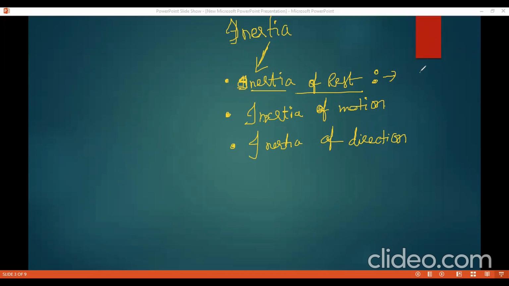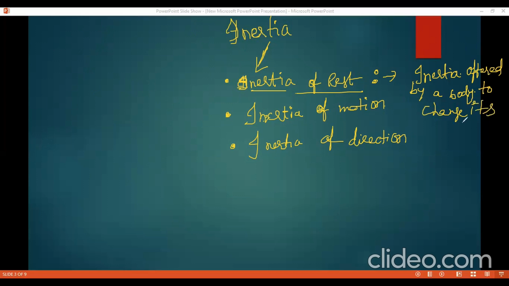So inertia offered by a body to change its state of rest is called inertia of rest.